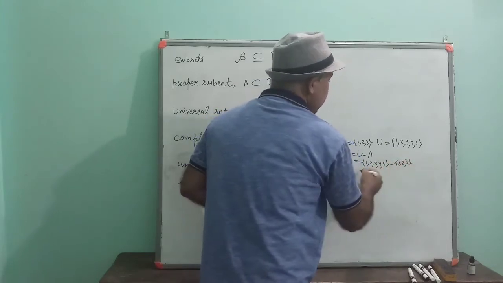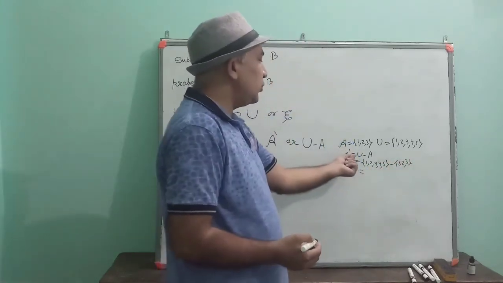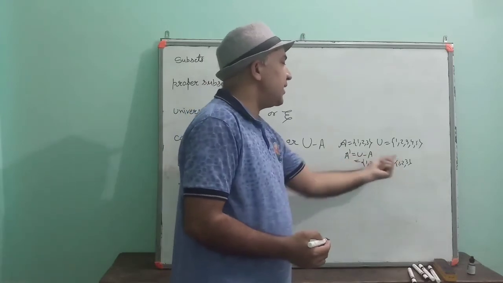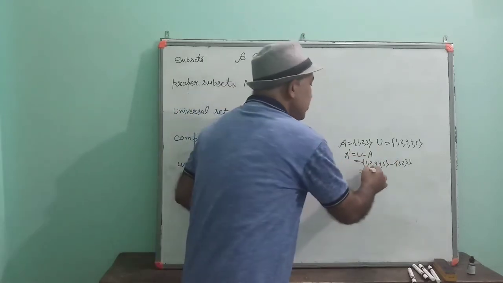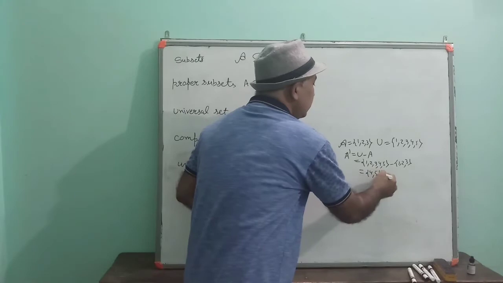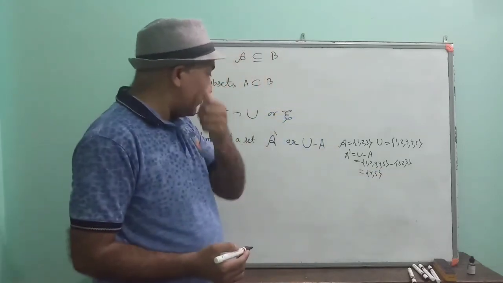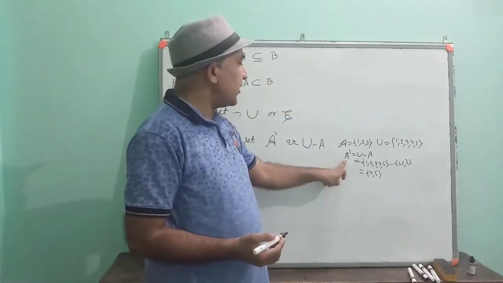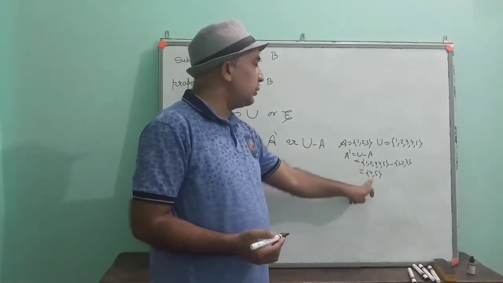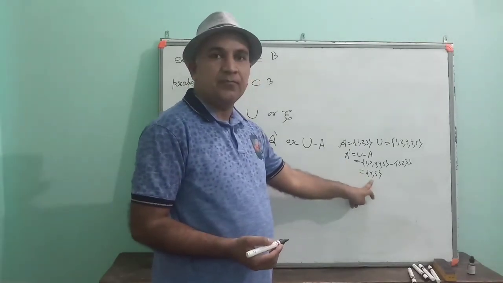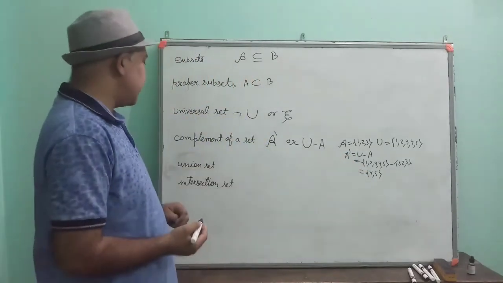From the universal set we will leave the elements which are present in A. So after leaving, you are watching that only 4 and 5 are remaining. That means A complement set will contain only 4 and 5. Okay, so this is the complement set.